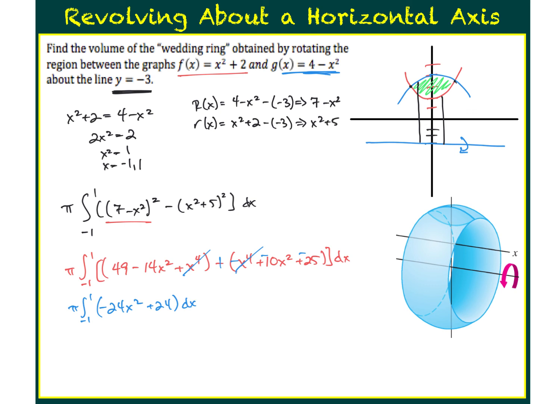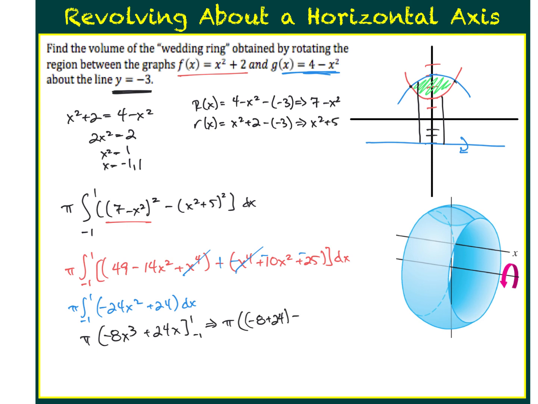What is my antiderivative of negative 24x squared? Negative 8x cubed with a pi out front. And the antiderivative of 24 is 24x, from negative 1 to 1. What do we substitute in now? 1. We end up with negative 8 plus 24.